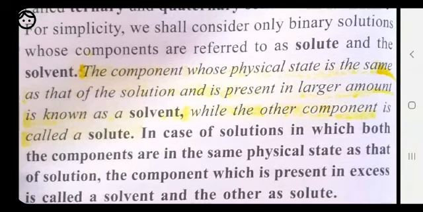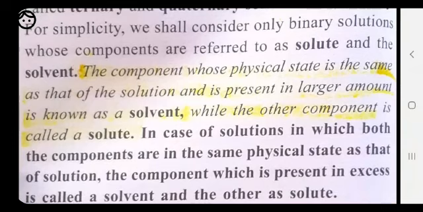Okay, but it is not necessary that the solvent is always in the liquid form. Sometimes the solvent may be in the gaseous form, sometimes in the solid form. That's why we say that the substance in larger amount is called the solvent. Here we can take the example of air. We know that in air lots of gases are present.